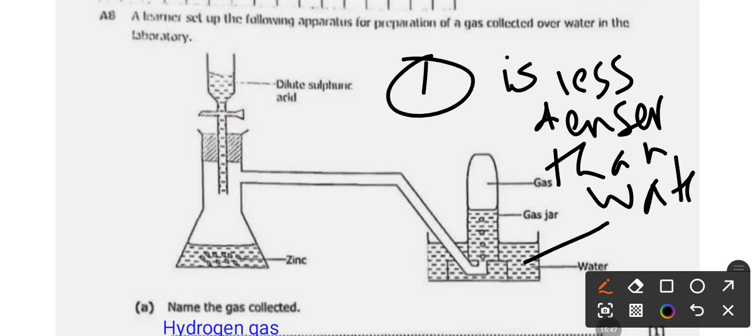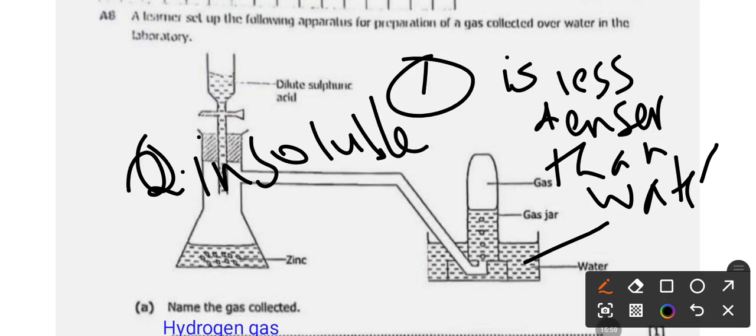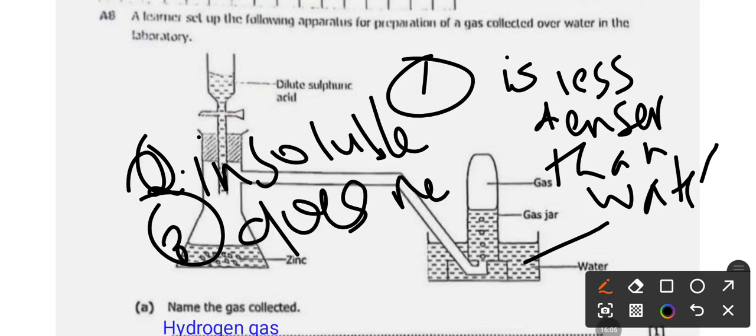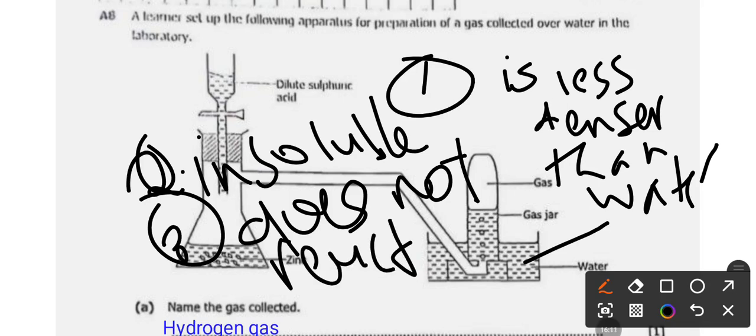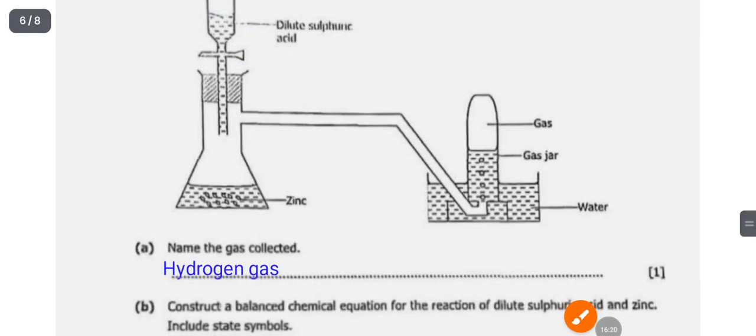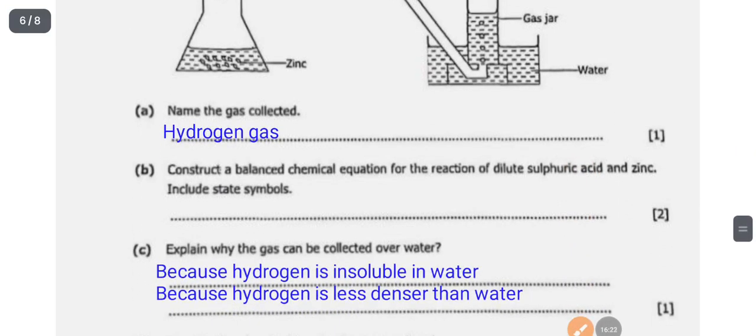Number two, hydrogen is insoluble in water. And number three, hydrogen does not react with the water. So these are the three reasons why collection over water is suitable for hydrogen gas.